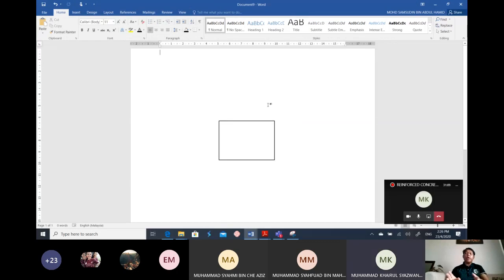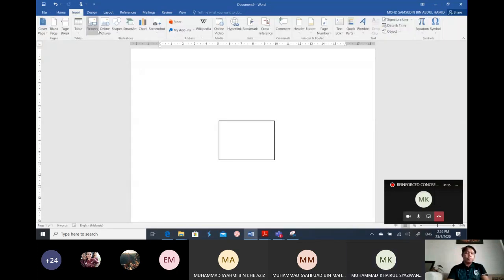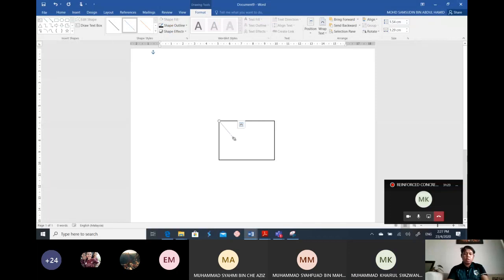Okay, so how are we going to draw the shear force and also bending moment? For the shear force, macam biasa kita divided into 4 edges.